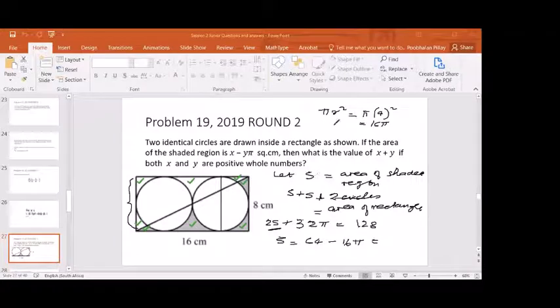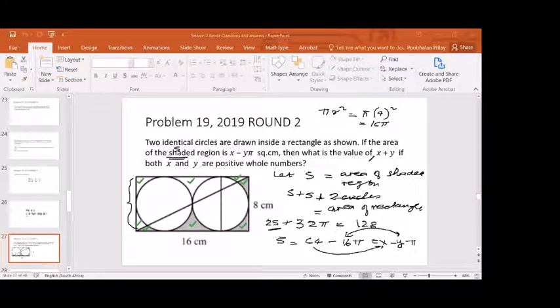And we were told the area of the shaded region, this is S. This is what we said was S. And we are told that S is equal to x minus y times pi. So now immediately you have what x is. X is 64, so y must be 16.